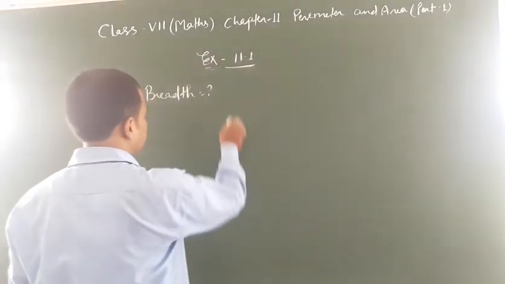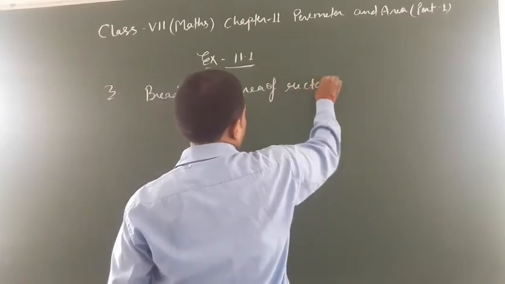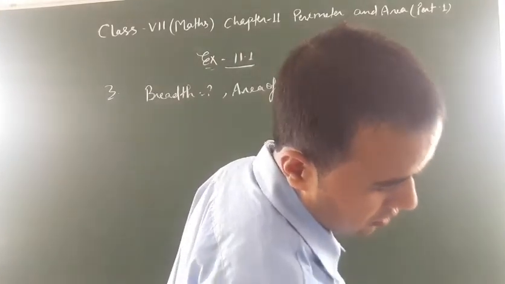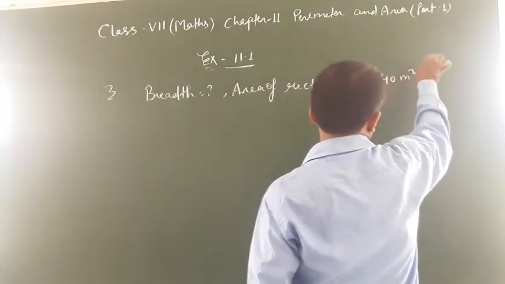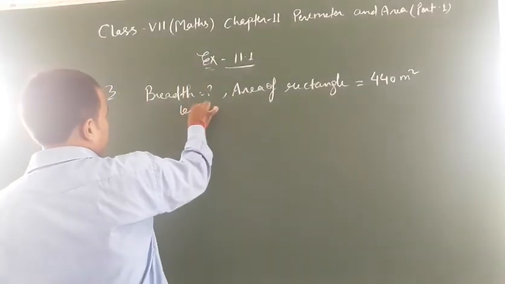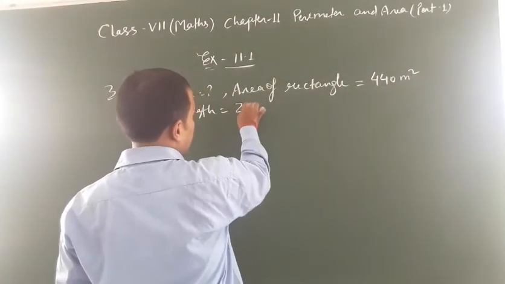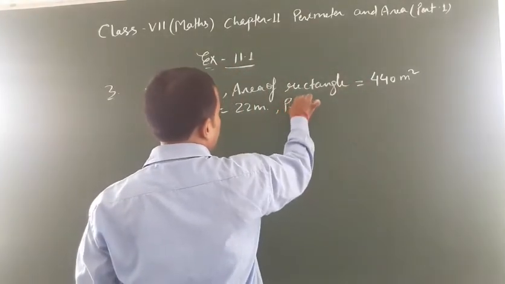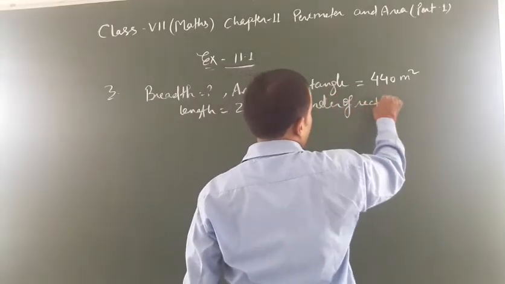Area is given: area of rectangle equal to 440 meters square. And length is 22 meters. Also find the perimeter. Perimeter is also asked, perimeter of rectangle.